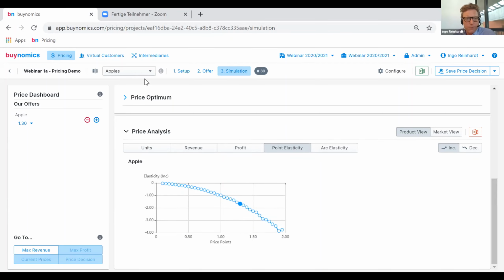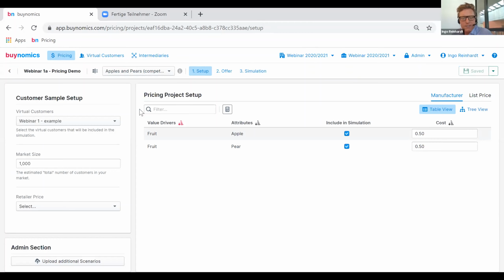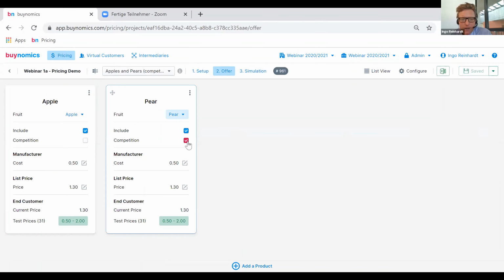We're just looking at one product, the apple here, and I think we can make it more realistic and more interesting by adding a competitor product. Now we have a competitor, so we're still selling apples. Our cost is 50 cents. Our competitor is selling pears, also at a cost of 50 cents. And the willingness to pay for each fruit is about the same in this example.